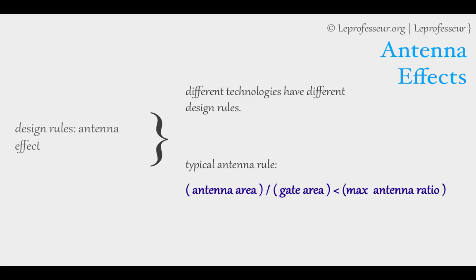The typical antenna rule is basically antenna area divided by gate area should be less than the maximum antenna ratio. It's a typical, in general, antenna rule. One can say that.